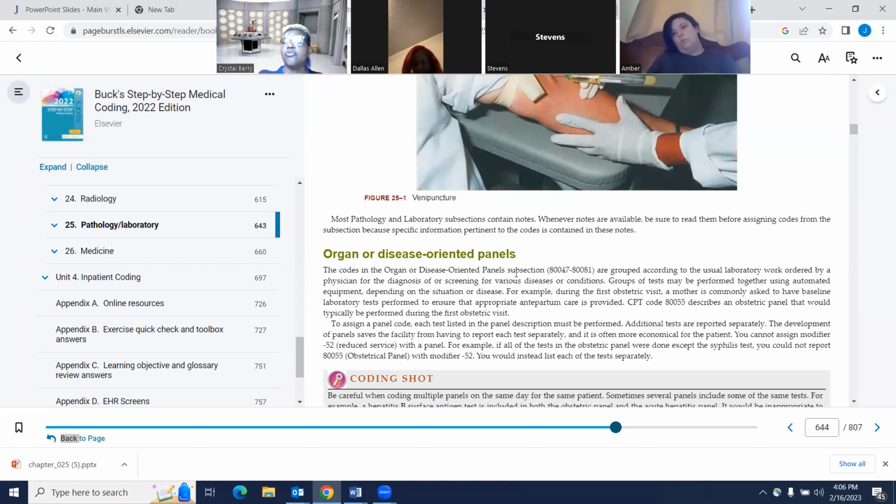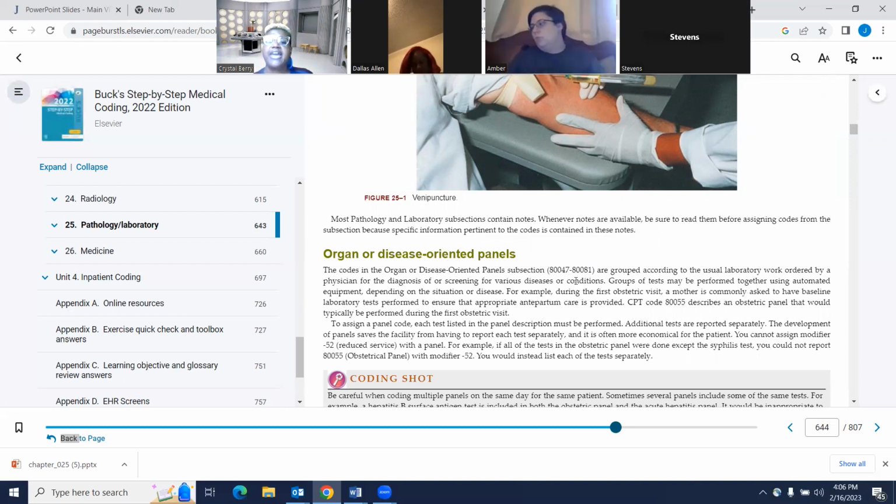Organ or disease-oriented panels. The codes in the organ or disease-oriented panel subsection are 80047 to 80081. So if you're looking for an organ or disease-oriented panel and you get to 80083 or 84, you're in the wrong area.